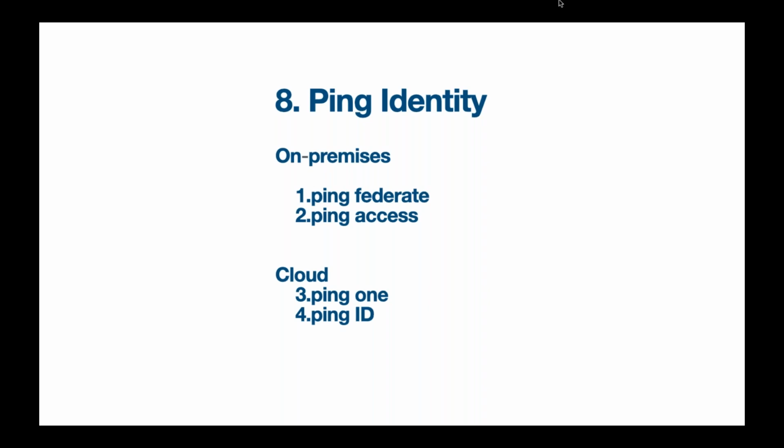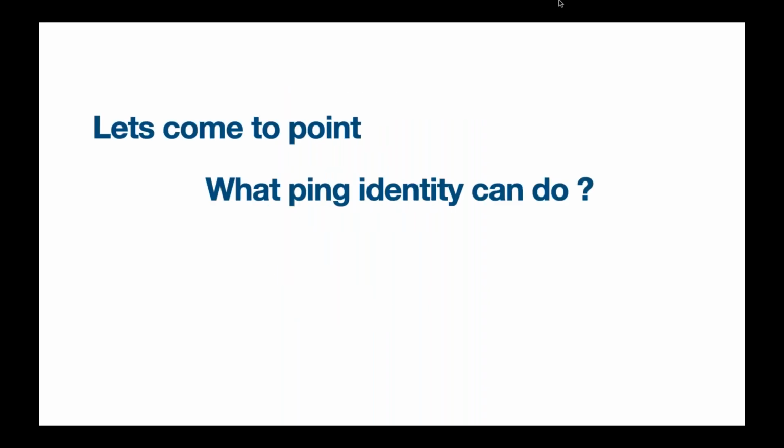But on premises, two products are there: one is PingFederate, one is PingAccess. On premises means within your environment, you have to purchase the software. Cloud means based on the use, you pay for that. For cloud it is PingOne, PingID, but on premises it is PingFederate and PingAccess. Enough. Let's come to the point.